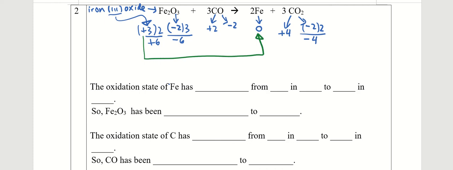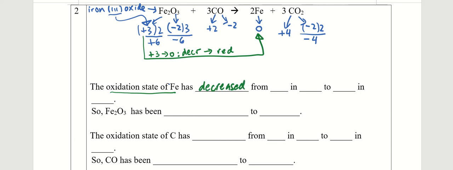Since the number has gone down from +3 to 0, this means that there was a decrease in the oxidation state. That means the substance has been reduced. So we can say that the oxidation state of iron has decreased.